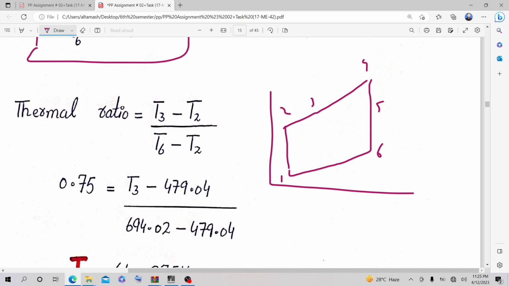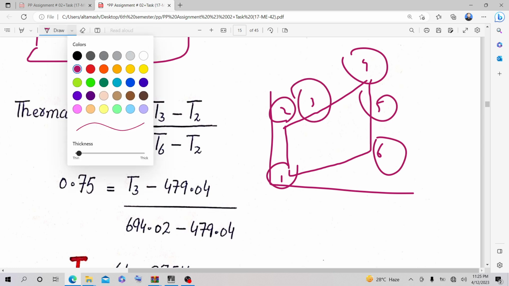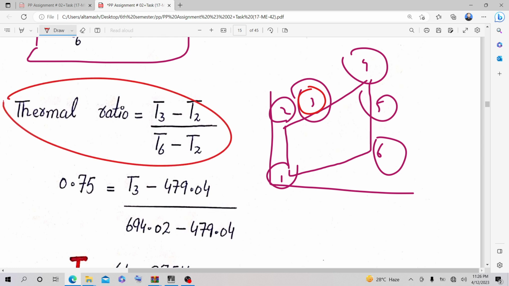From the previous numerical we know all the things. We know T2, T1, T4, T5, T6. The thing that we do not know is T3. So in order to calculate this T3, we will use this concept of thermal ratio. So thermal ratio is T3 minus T2 and T6 minus T2.